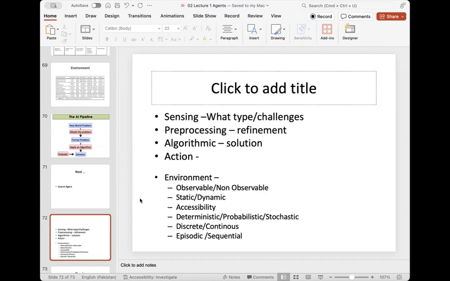If there are fixed objects present there, that's deterministic, but a person could come in front of that robot anytime, and that would also make it a bit probabilistic and stochastic in nature, and at the same time dynamic. So it is not like one of these, it could be everything together. It could be observable with dynamic, with some inaccessibility part also, with some deterministic and stochastic part, with some discrete and continuous part, with some episodic and sequential part, right?